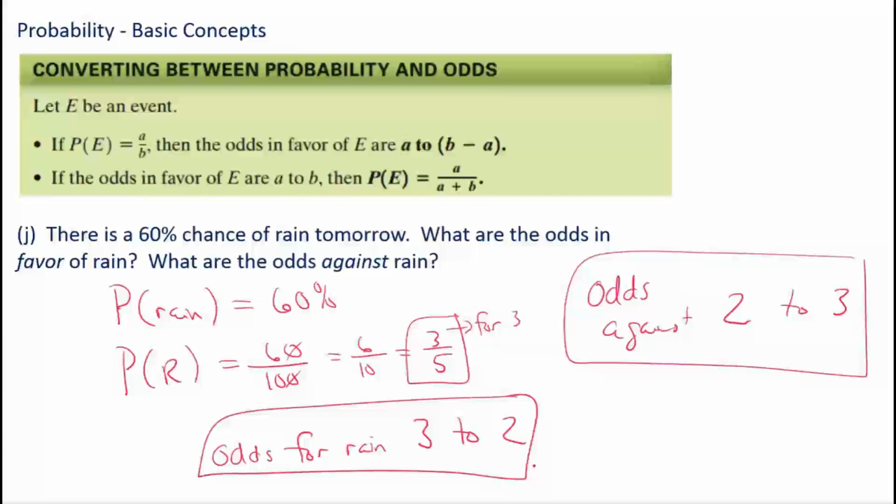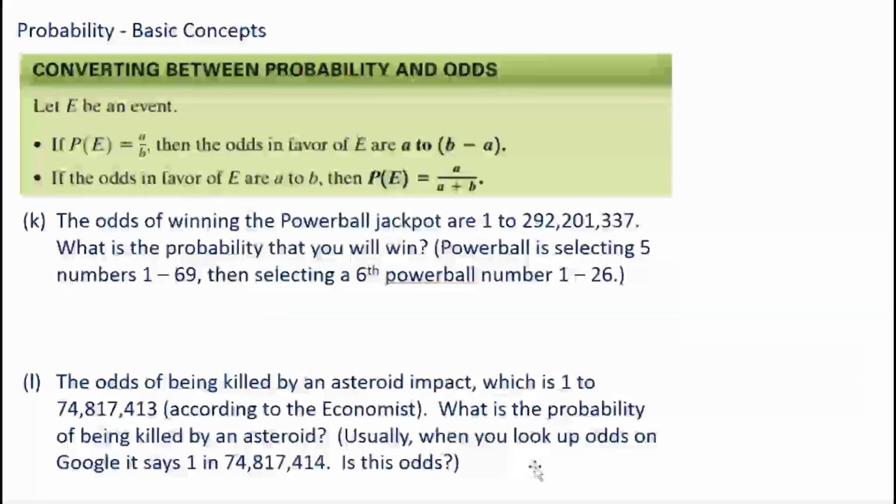But we've got a chance to look at this one more time. Got another example right here. So the odds of winning the Powerball jackpot are 1 in 292,201,337. Now, honest, I looked this up because I just thought it would be an interesting thing to look up. I don't know if you know anything about Powerball. In Alabama, we don't have the lottery right now, but most states do.